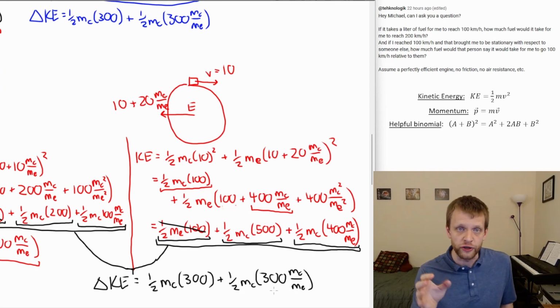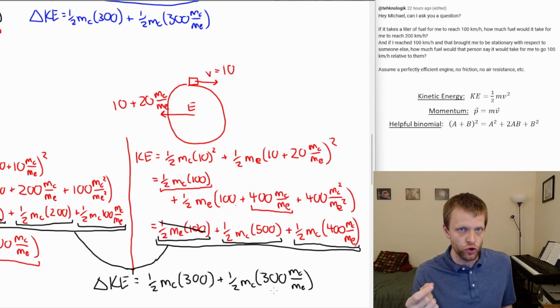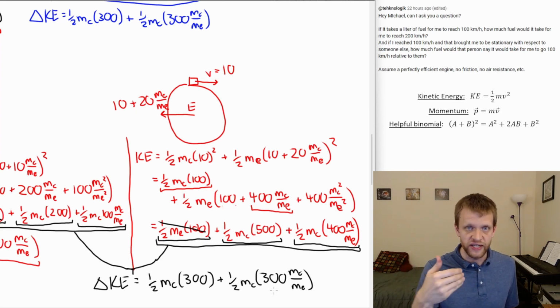So this is the measure, in this new reference frame, of the total kinetic energy that was coming from the system. And that kinetic energy is provided by the burning gasoline, converting that chemical potential energy into the energy of motion, into kinetic energy.